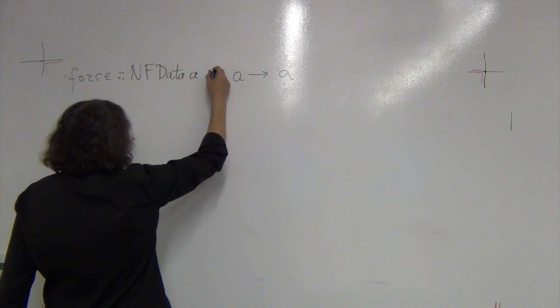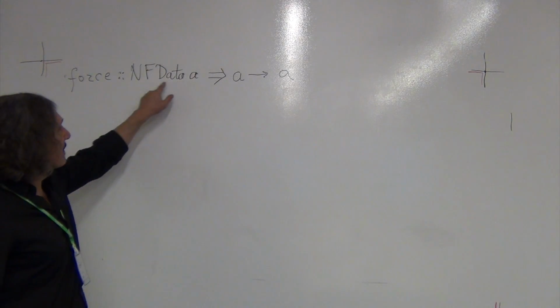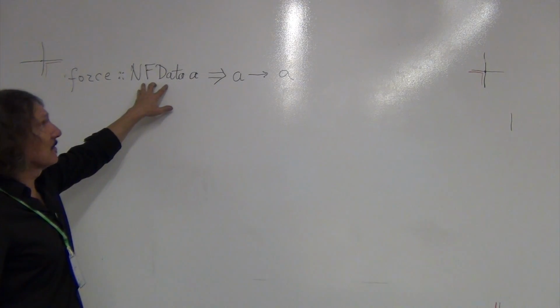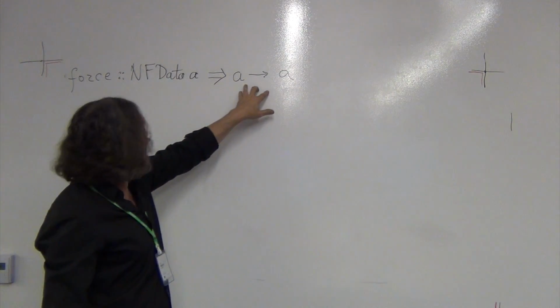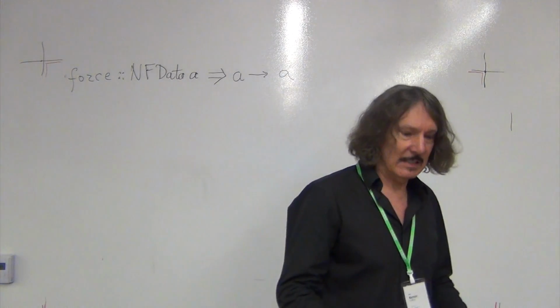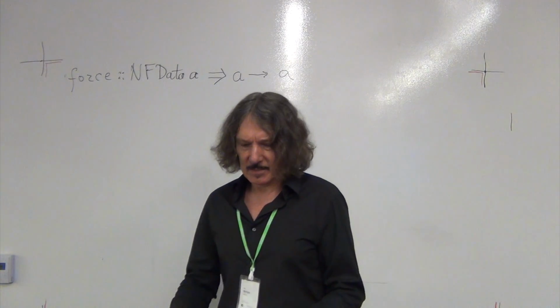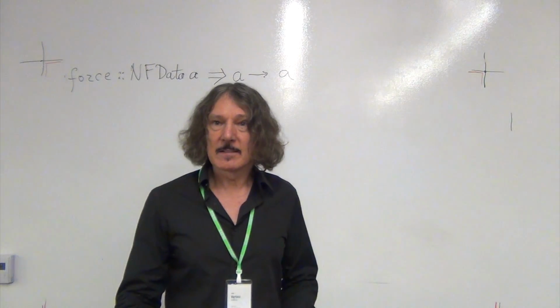So assuming that a belongs to the class NFData that can be deeply evaluated, then force is really an identity. We use it for side effects.